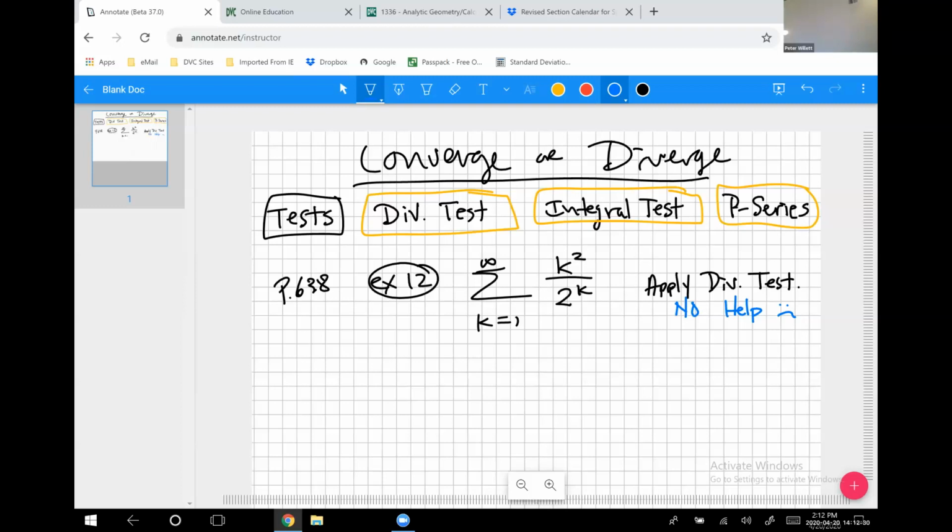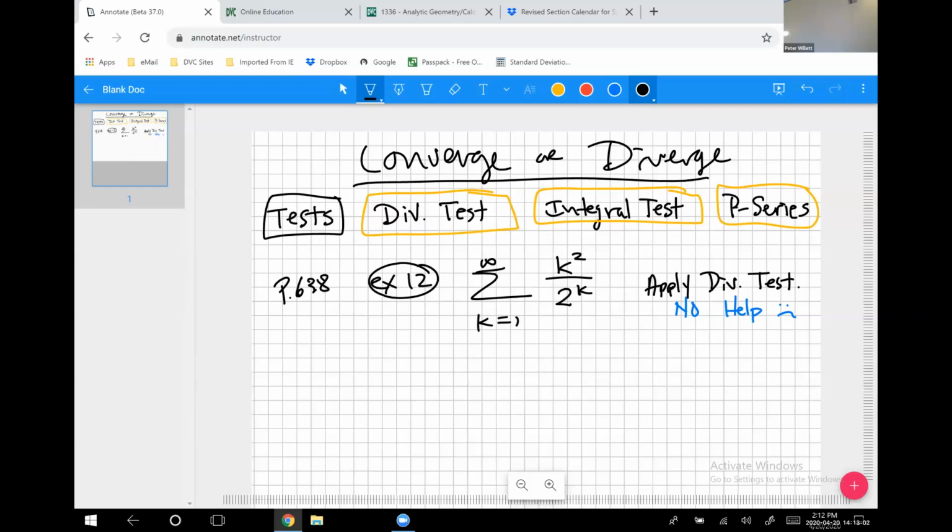So if you have a problem like this and you're really trying to test whether it converges or diverges, since the divergence test is of no help, the ratio test is the perfect one to use here. So let's remind ourselves what that looks like. The ratio test is the first test we would have in the next section in 8.5. So this is a segue into 8.5 that gives us a way to determine if it converges or not based on the ratio of successive terms.